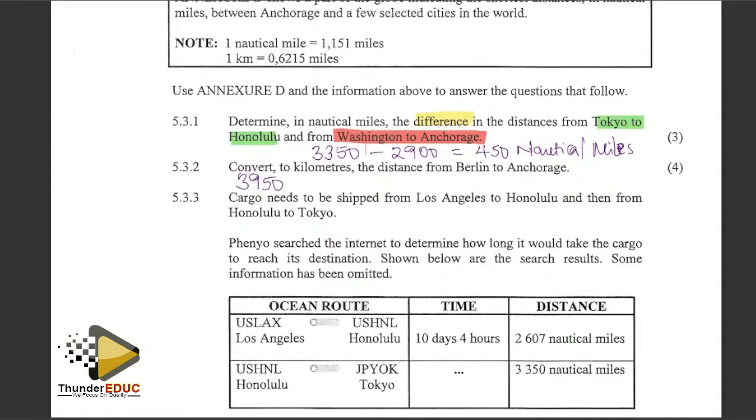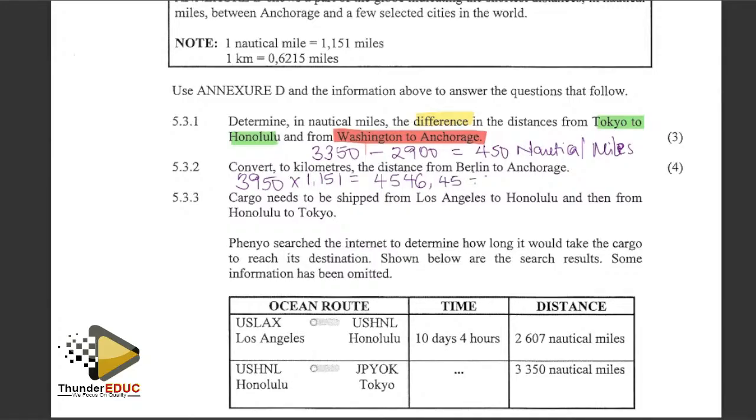So first and foremost, we change this to miles, which will be 1 mile equals that much. So we shall multiply this by 1,15. We get the answer there. It becomes 4,546.45. Now these are miles, but we need to change them to kilometers.